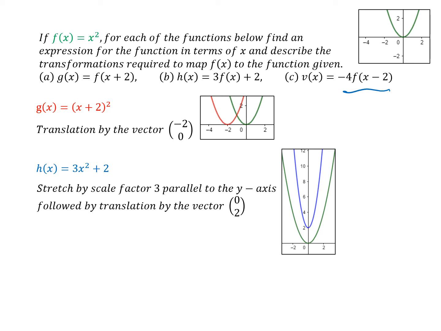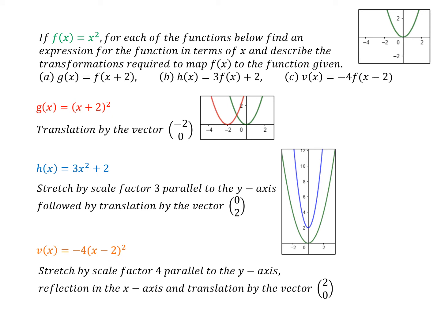So what we're doing is we're putting the x minus 2 where the x was, but then we're multiplying by -4. So it's -4 times (x minus 2) squared. So here's confirmation of that.